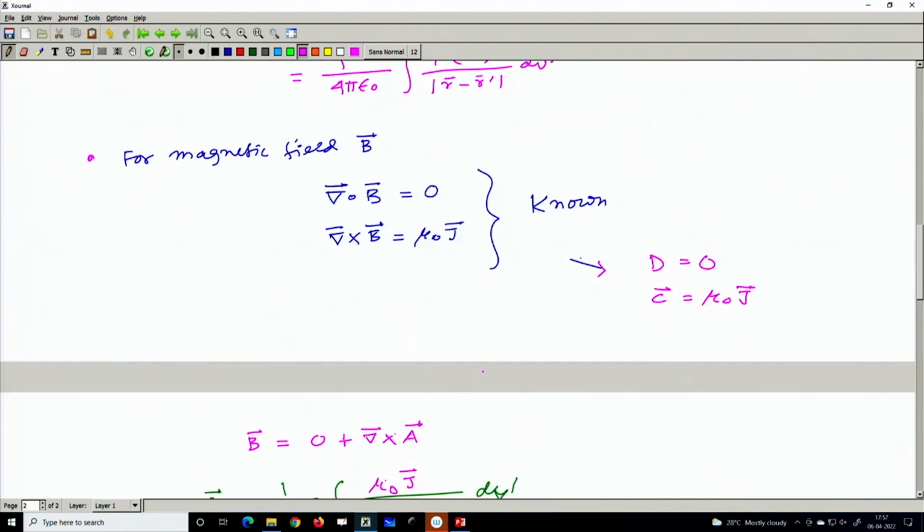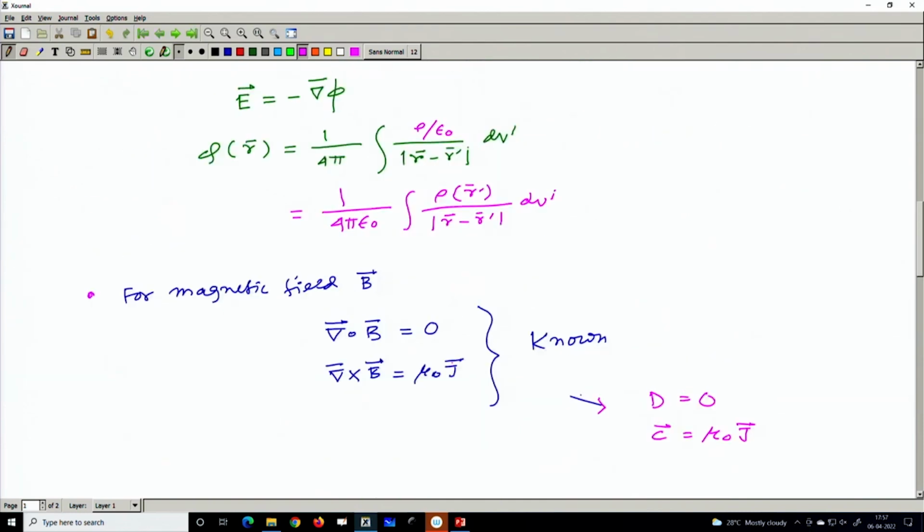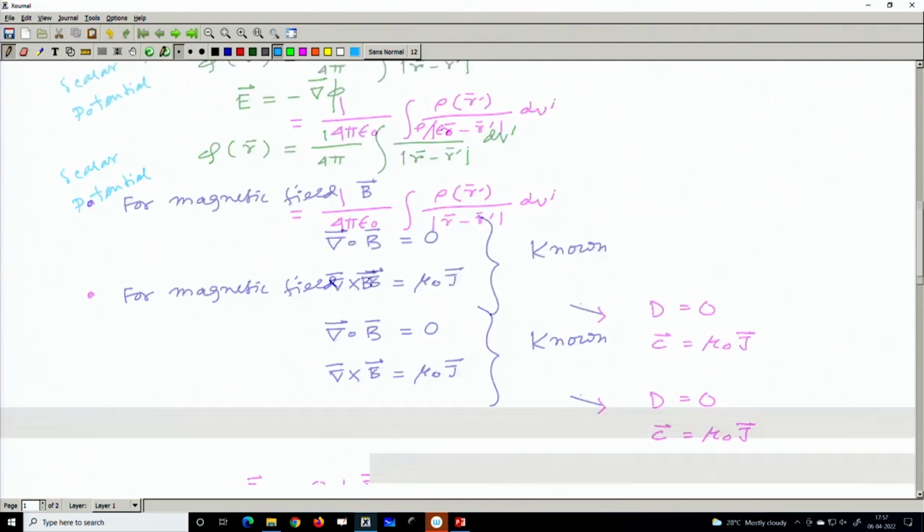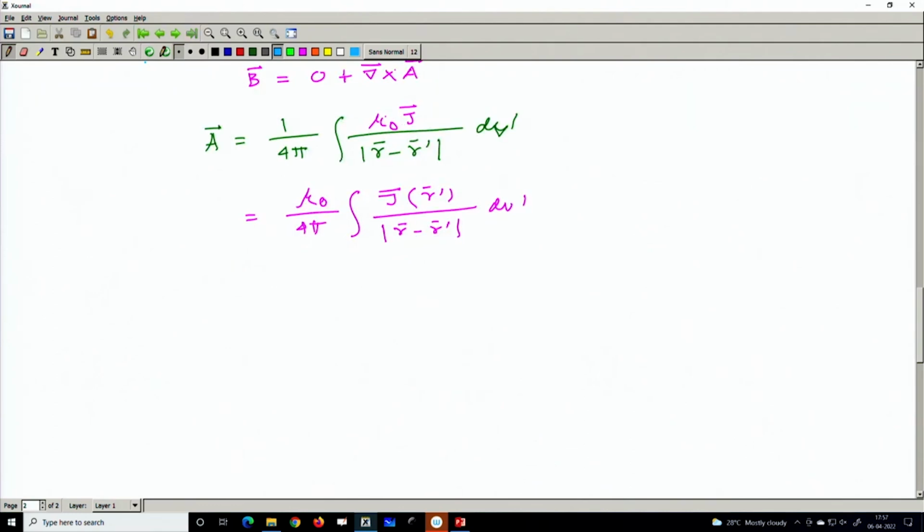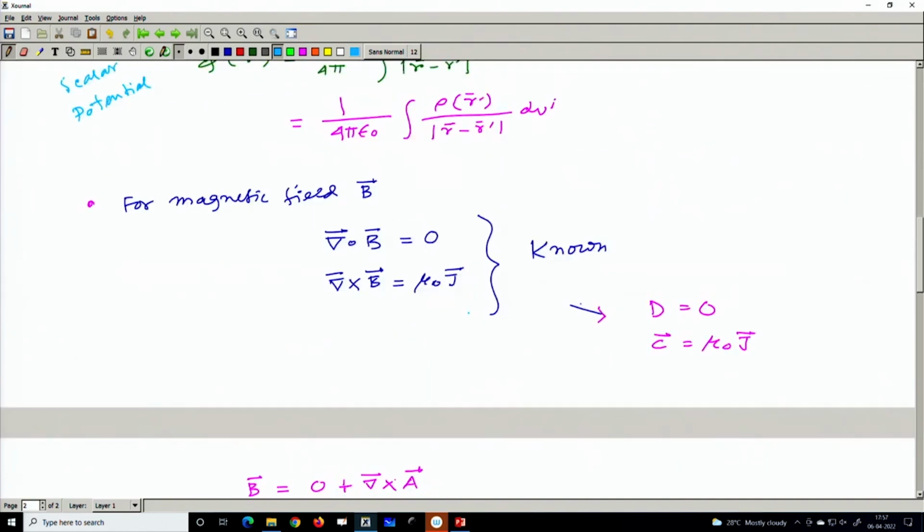Here this scalar quantity phi is called the scalar potential, and this quantity A is called the vector potential. That we will discuss in a later class.